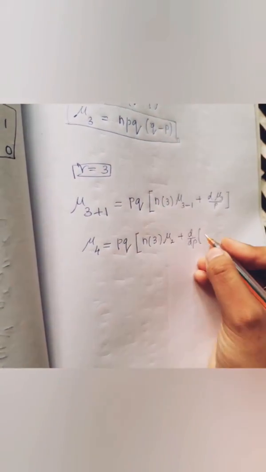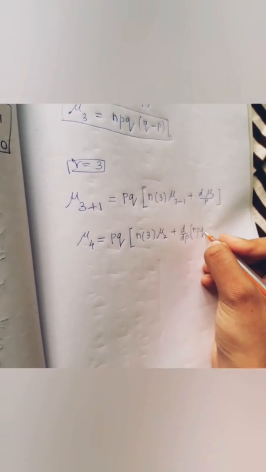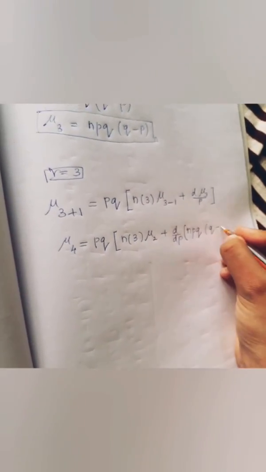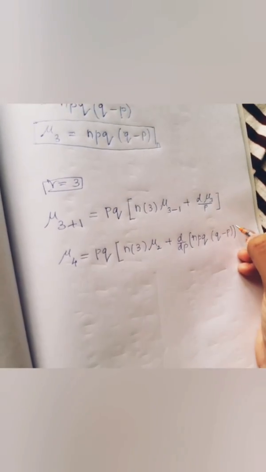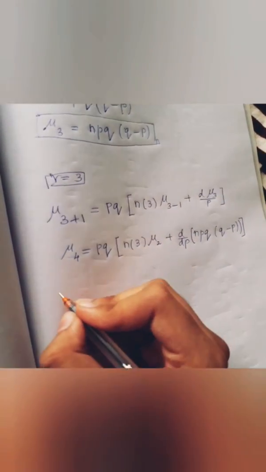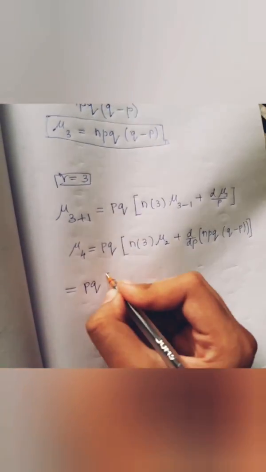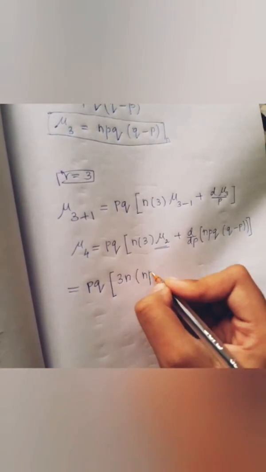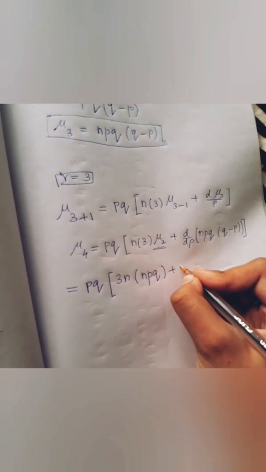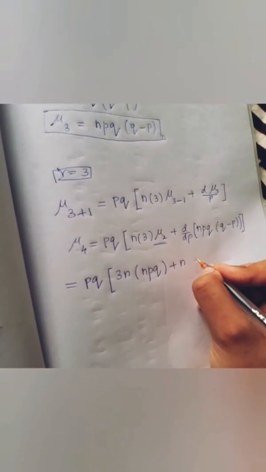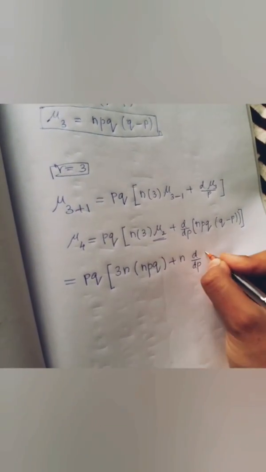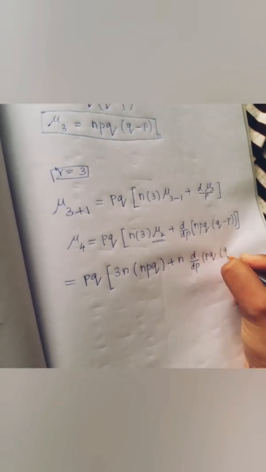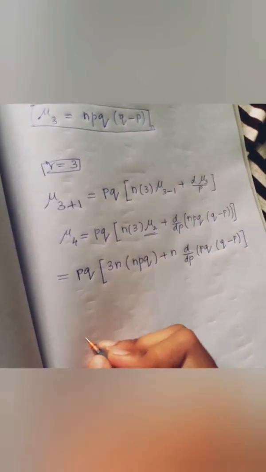We are substituting for mu 3, that is npq into q minus p. Then for mu 2, we substitute in another step, that is pq into 3n mu 2, which is nothing but npq, then plus n is a constant, so we take it outside, then d by dp into pq into q minus p.